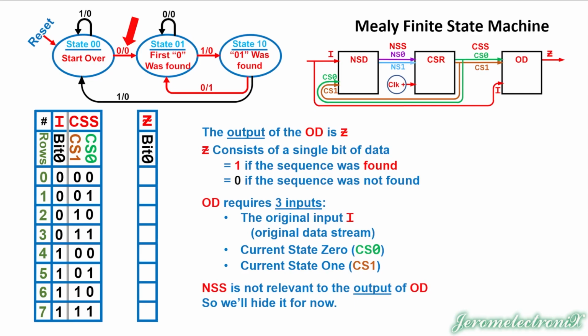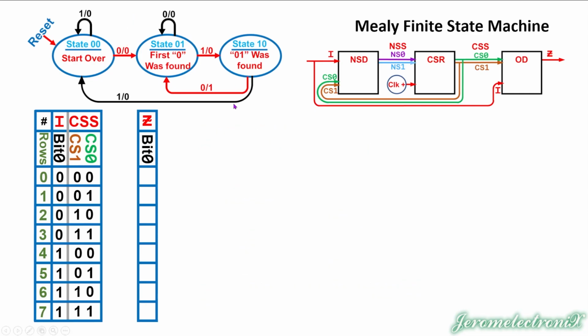Okay, so these Z values are very easy because there's only one time and place when we have had success. That's the 1 we get after 0, 1 was found in state 2. The rest of them are going to be zeros, or if the states don't exist, they're going to be X's. So we're going to find the 0 at row 0.